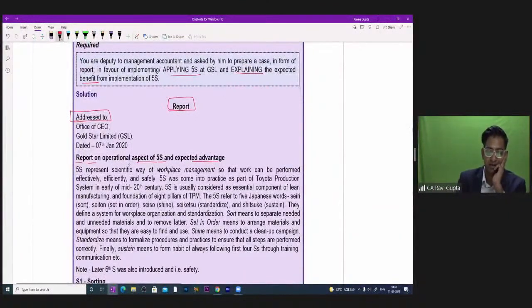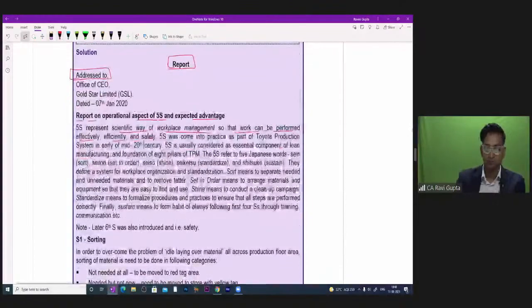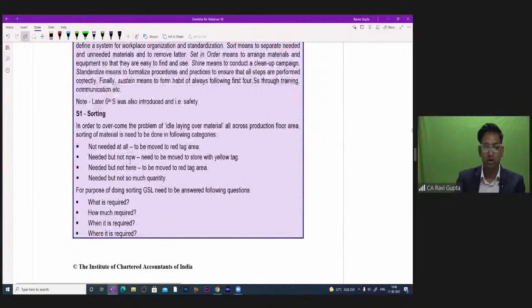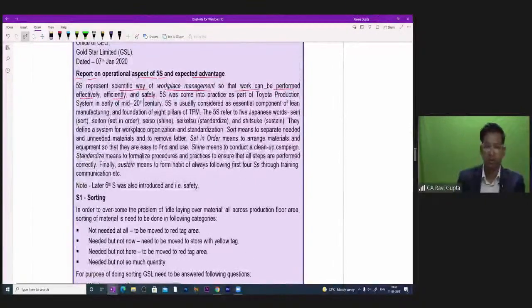5S represents a scientific way of workplace management so that work can be performed effectively, efficiently, and safely. We should directly move to all the S's. I will be explaining this later.